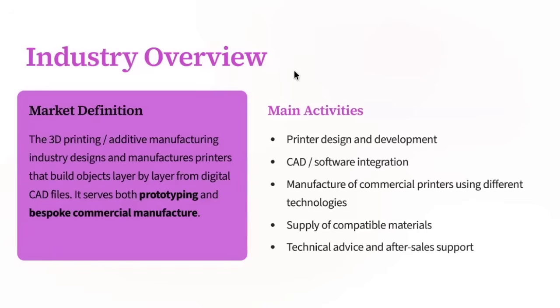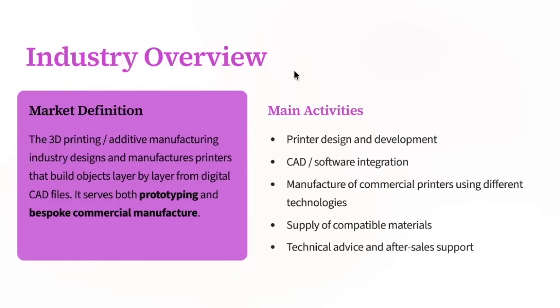And what type of activities are carried out by manufacturers of 3D printers? Manufacturers are involved with printer design and development. 3D printing is an innovative technology, and it is constantly changing, because there's a lot of innovation impacting this industry.